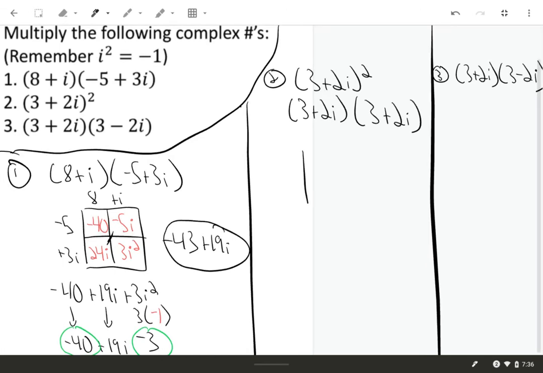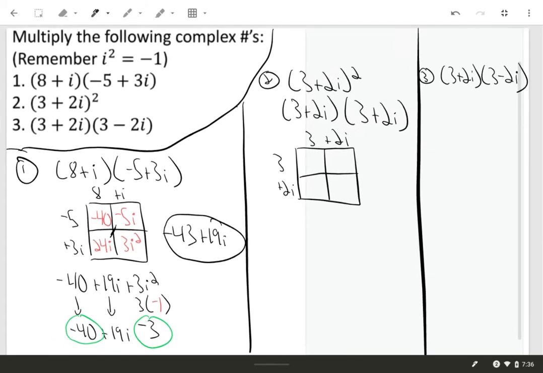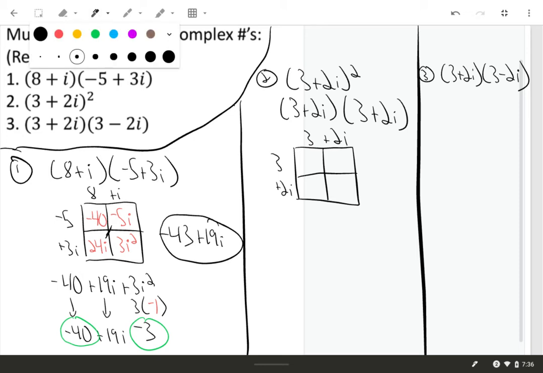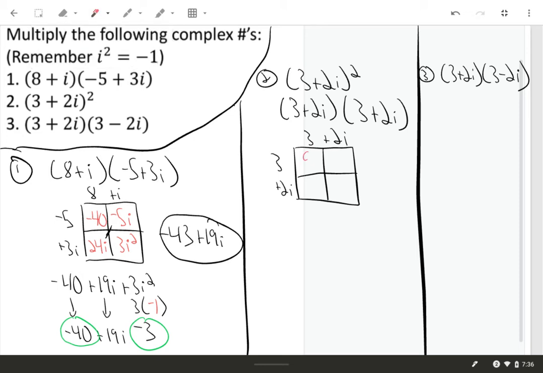So that means I am simply going to do the box method of 3 plus 2i with itself. So let's do that. The first one is going to be 3 times 3, which is 9.